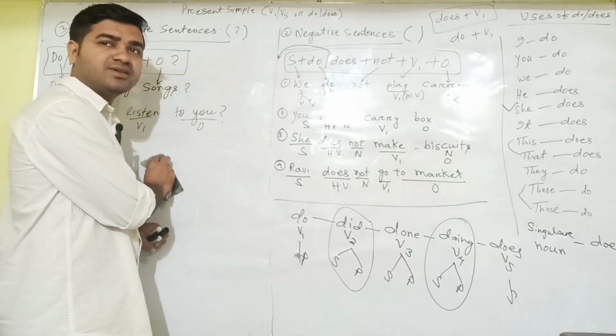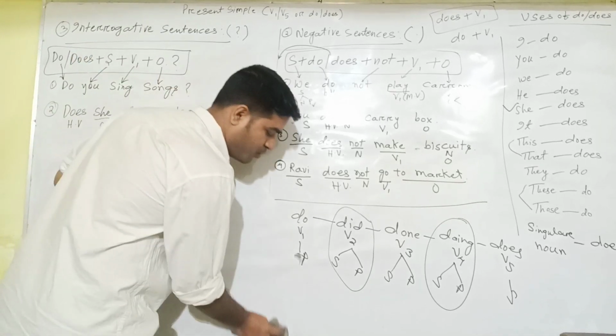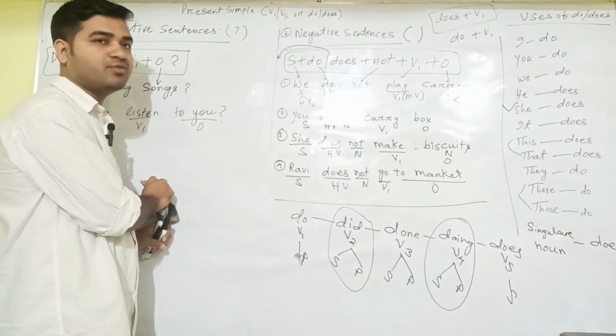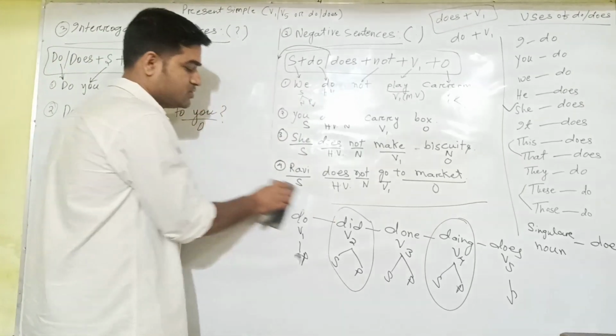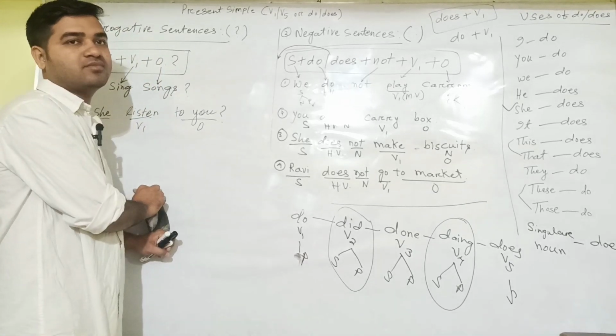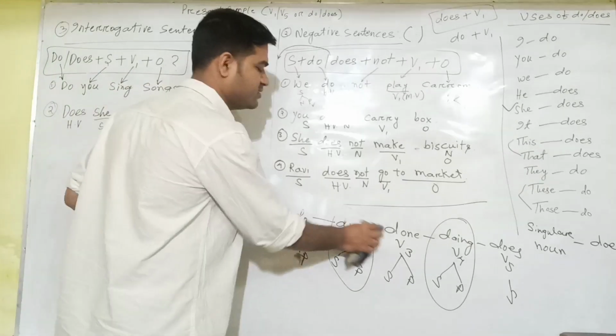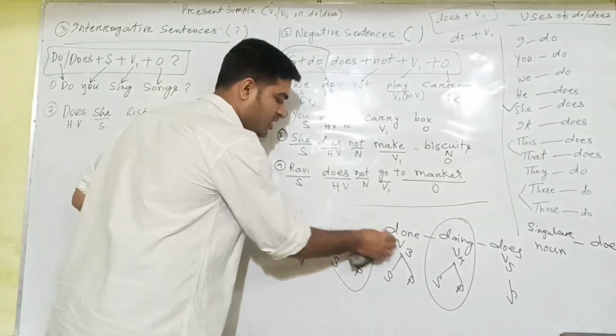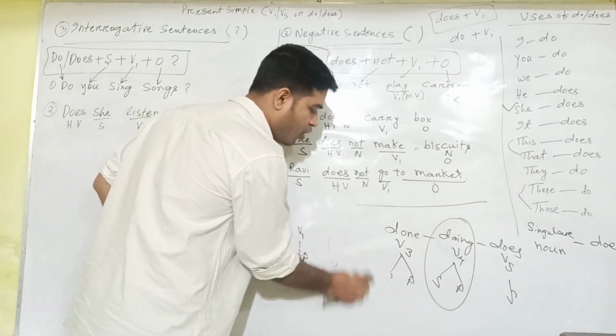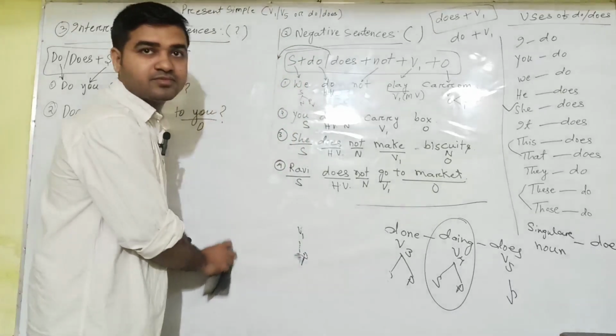Take it very seriously as far as verb is concerned. Beyond that, grammar, don't take it so seriously. It doesn't matter. If you ask me, I will tell you verb is the backbone of grammar.